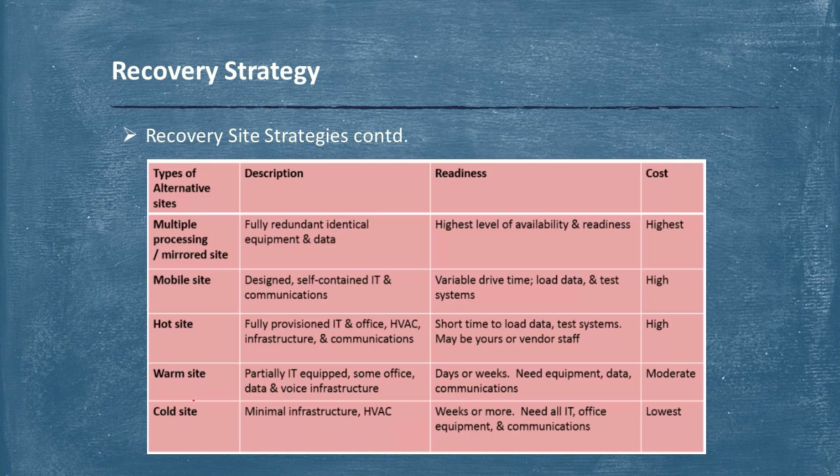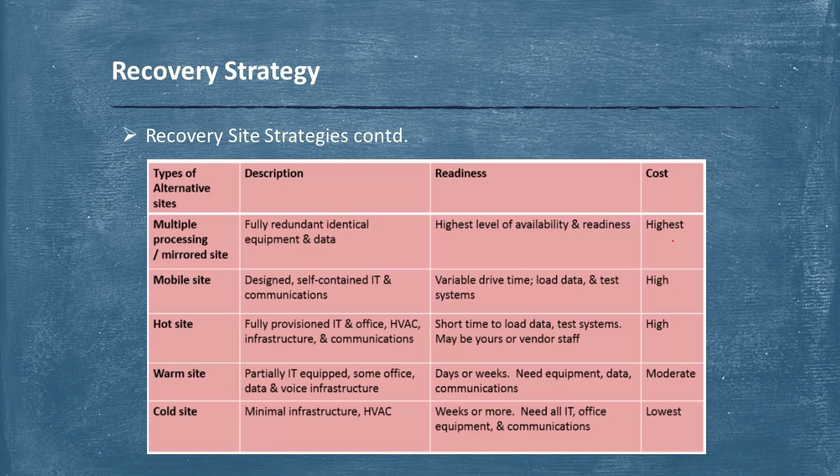This has captured a lot of information, like the type of alternative: multiprocessing and mirrored site. What is a multiprocessing and mirrored site? Fully redundant identical equipment and data. If the organization has gone for such an alternative, then the cost is the highest.